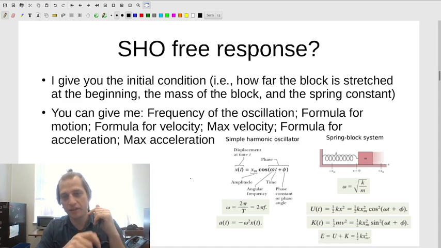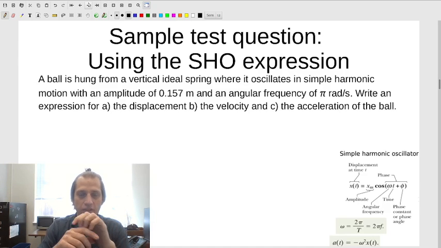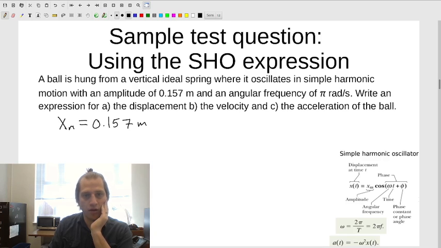And that might be too vague, so let me at least give you a little bit of an idea of what I'm talking about. Let's say we have a problem like this, where it says a ball is hung from a vertical ideal spring where it oscillates in simple harmonic motion with an amplitude of 0.157 meters and an angular frequency of pi radians per second.